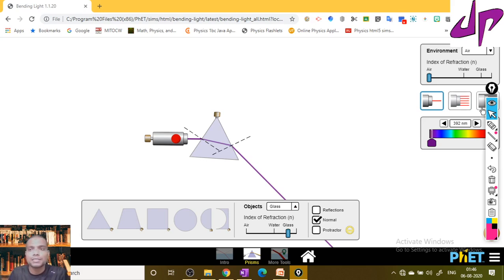If you change this monochromatic source for different colors, if I take only one particular color, only that particular color will fall on the prism.